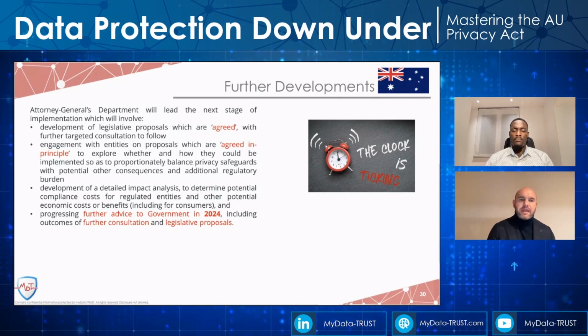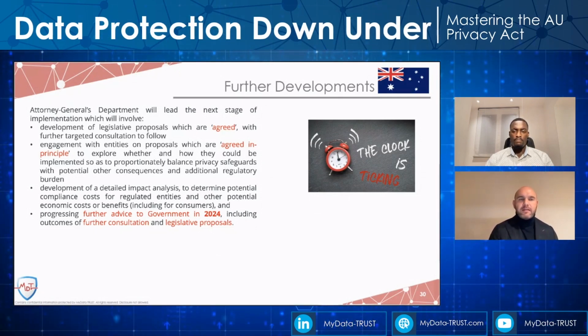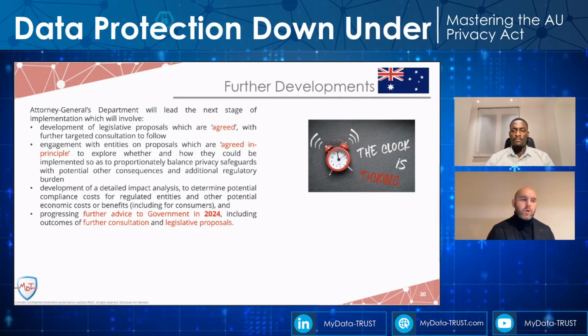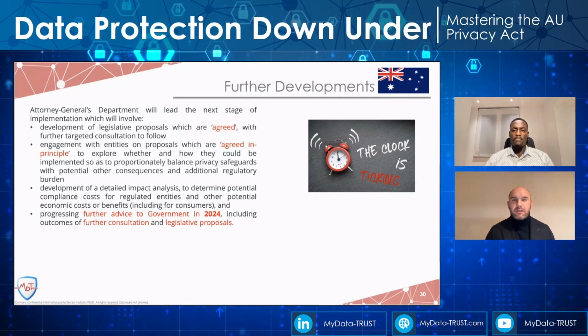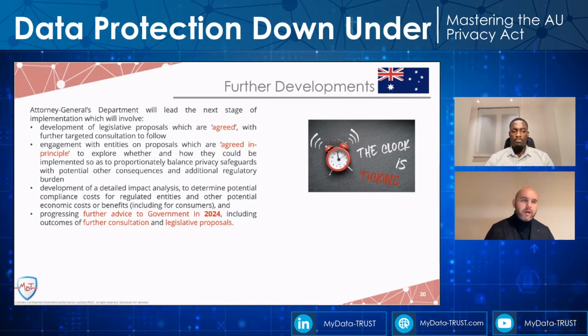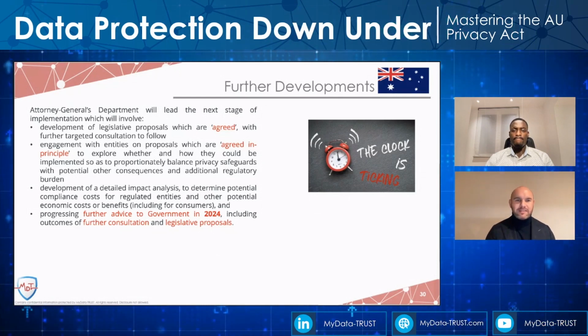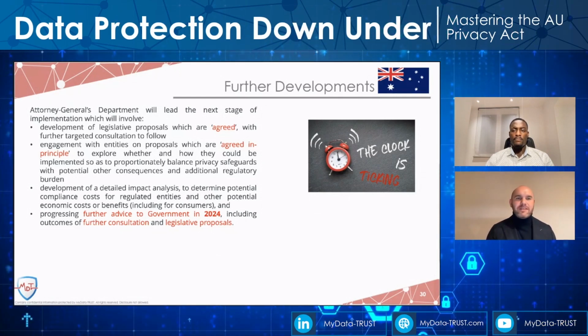If you're carrying out processing activities in Australia at the moment, you really have to comply with the current legislation, but be aware that the future changes are going to be more comparable to the GDPR, and it would be wise, or at least prudent, to start future proofing, or at least bring in privacy by design.